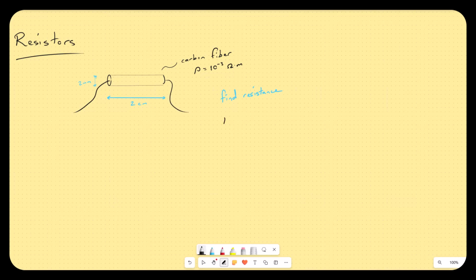The resistance we know is going to be rho times length over area. This is a cylinder, so my area is going to be pi r squared, or if you like, pi times the diameter squared over 4, because it's diameter over 2 squared.